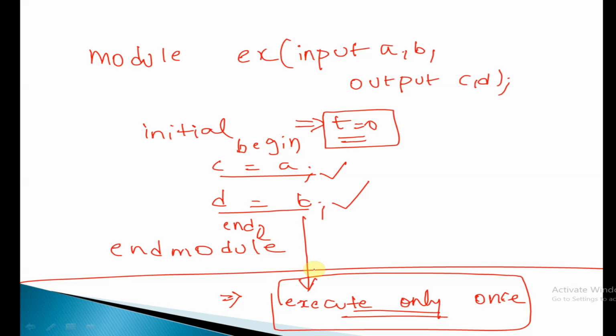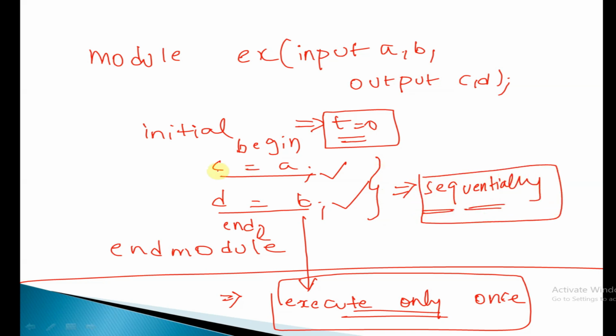But inside my initial block, the statements will execute sequentially. That is, after completion of the first statement, it is going to execute the next statement, and after that the third statement. So there is a sequential flow of execution, or you can also say it is a procedural flow.